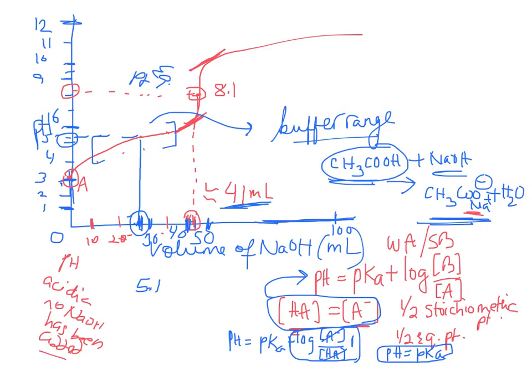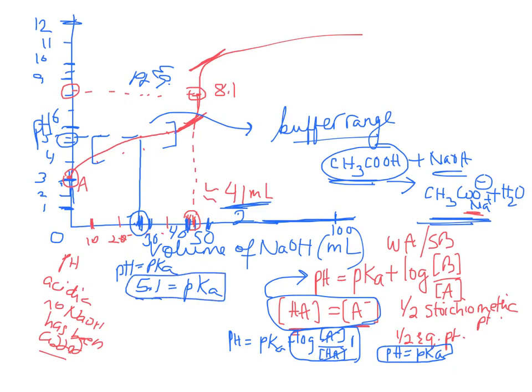And again, it's not to scale, but the way you calculate is what I want to drive across. You look at the equivalence point, whatever the volume is, and just divide that by 2 so that you get the half equivalence point. In this case, that will happen to be 20.5-ish or so. And so extrapolate to read the pH. And since pH will be equal to pKa, you would say that 5.1 is equal to pKa.